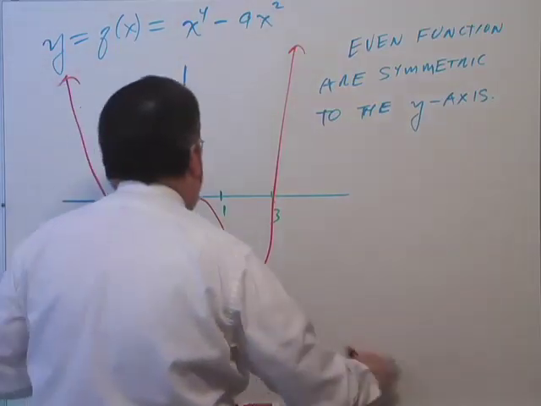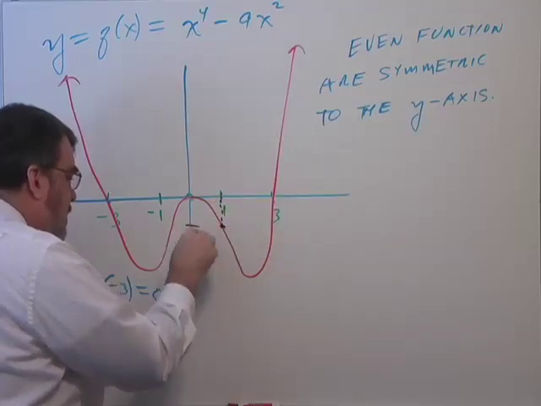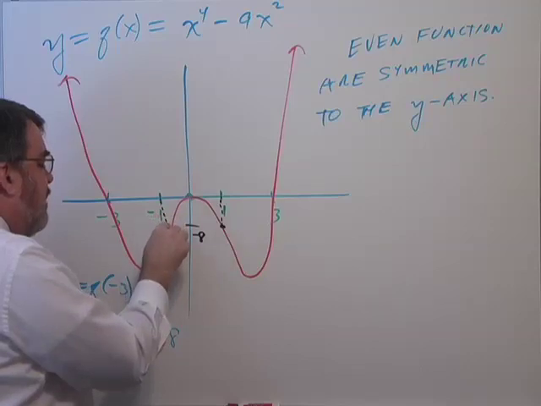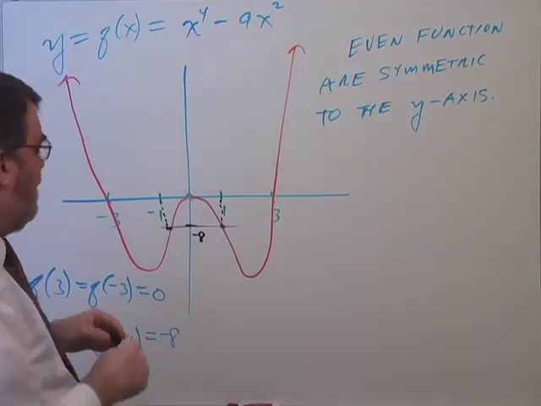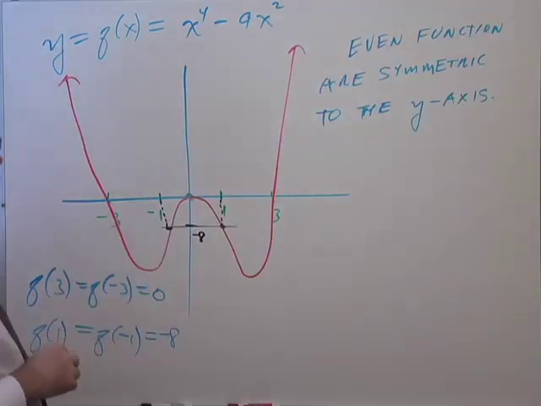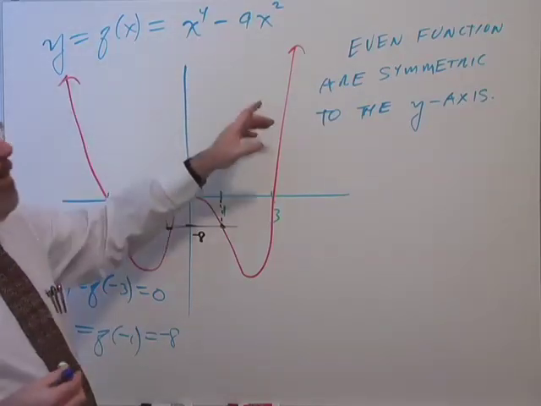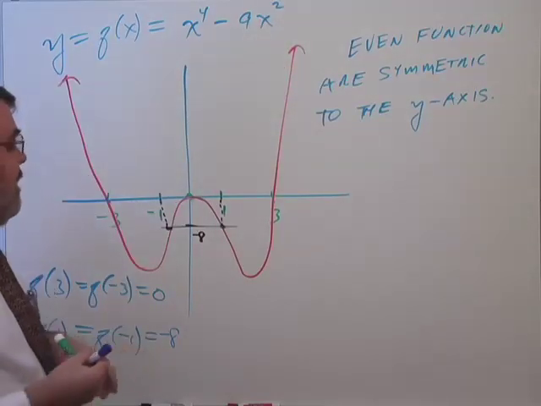Let's see that on the graph. If I travel down from 1, I get presumably -8. If I travel down from -1, I should get -8 there as well. So if this was drawn perfectly, it would look right. It's close, but anyway, that's that. Now you can plug in 2 and -2. If I plug in 2, I get 16 minus 36, which is -20.